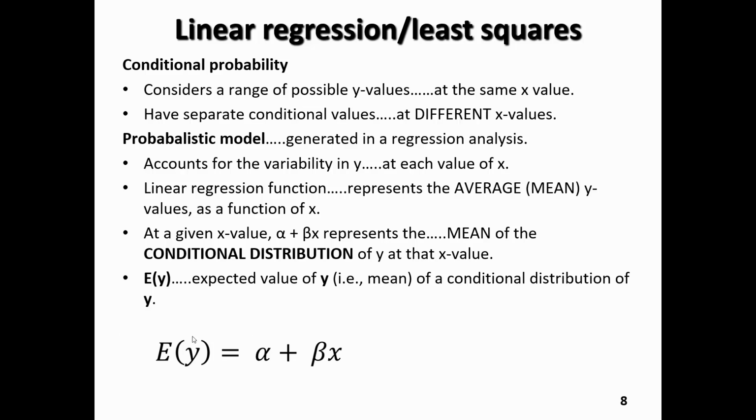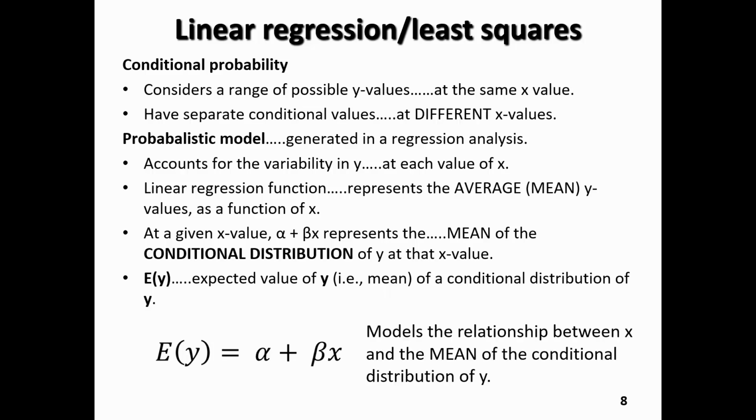And by expecting a particular y value, we keep our mind open to the possibility that it may not be that exact y value. That y value is going to be a representation of the possible outcome of scores at a given x. So this is the expected value of y, which is the average of a conditional distribution of those y scores. And so this, once again, is our foundational model.